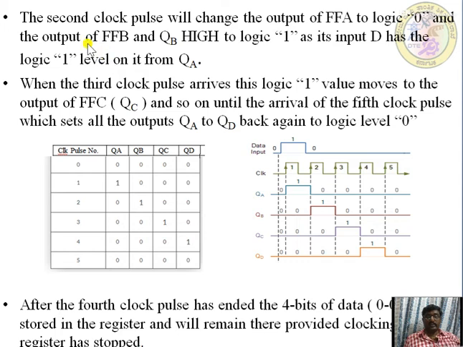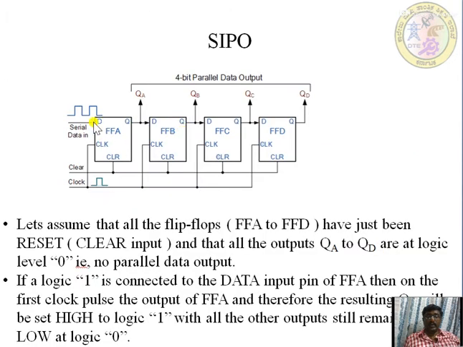Next, the second clock pulse changes the output of flip-flop A to logic 0, and the output of flip-flop B, QB, goes high, as the input D is at logic level 0. See, we are giving only one input.